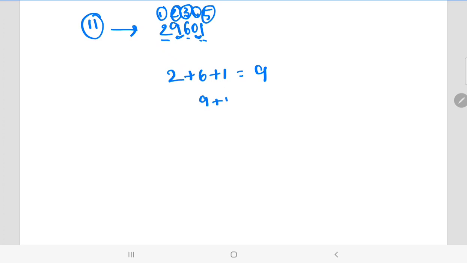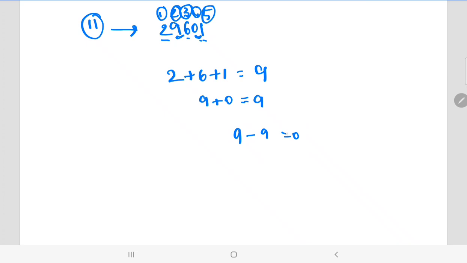In the fourth place we have 0. So again the sum is 9. What you need to do is subtract both of these resultants. So 9 minus 9 is equal to 0.